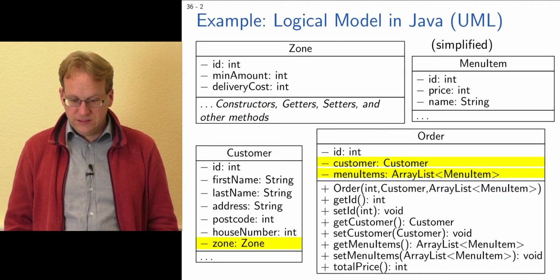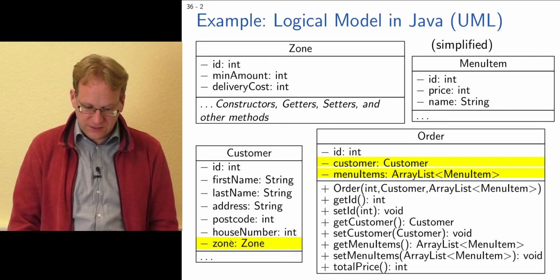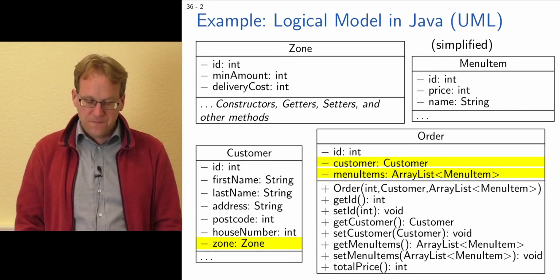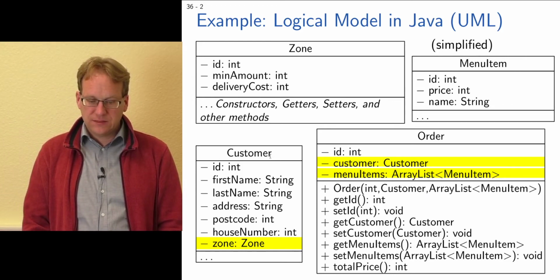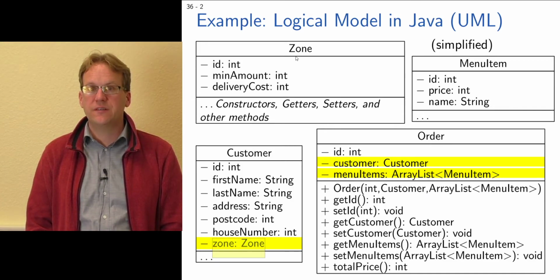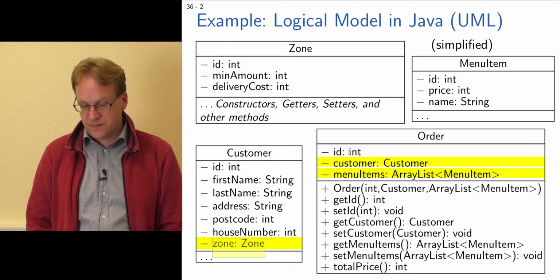These are actually attributes implementing these associations we have seen earlier. So in the customer class, we have an attribute with name zone of type zone. And with that, for every customer, we have the reference to the zone the customer is living in.